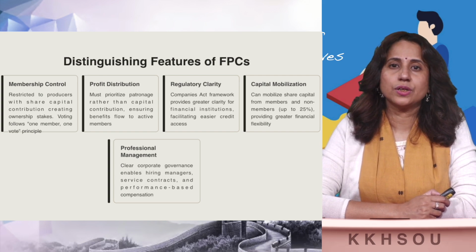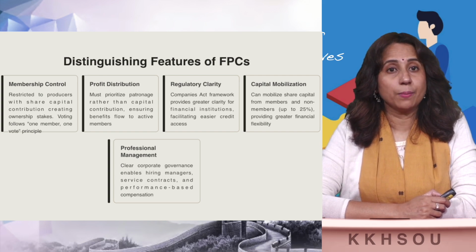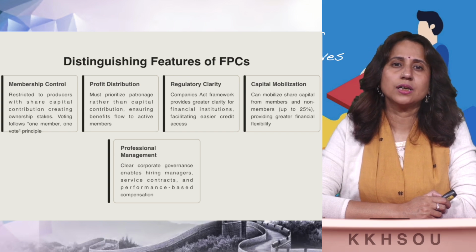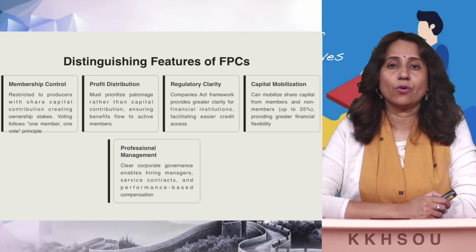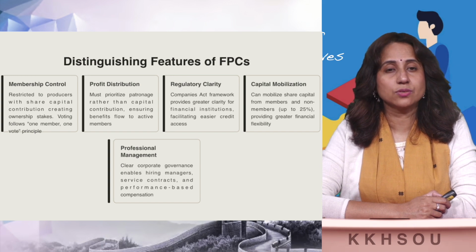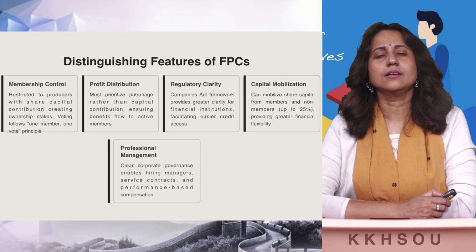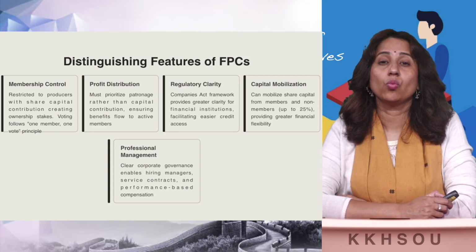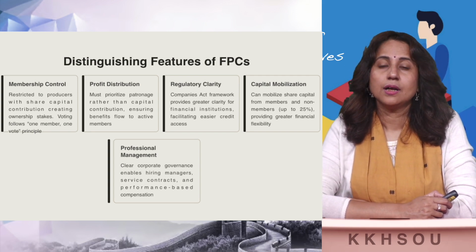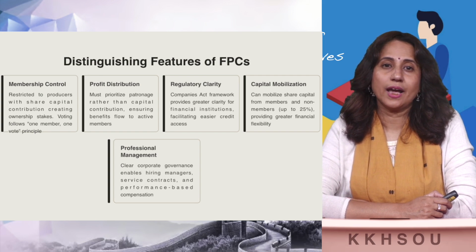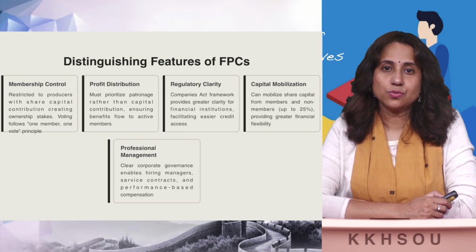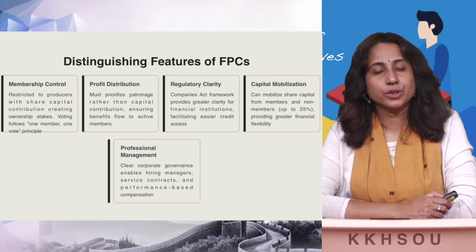Unlike cooperatives, which often have nominal membership fees, FPCs require share capital contribution from members, creating ownership stakes proportionate to shareholding. Voting rights in FPCs generally follow the one member, one vote principle, similar to cooperatives and unlike regular companies where votes are proportional to shareholdings.